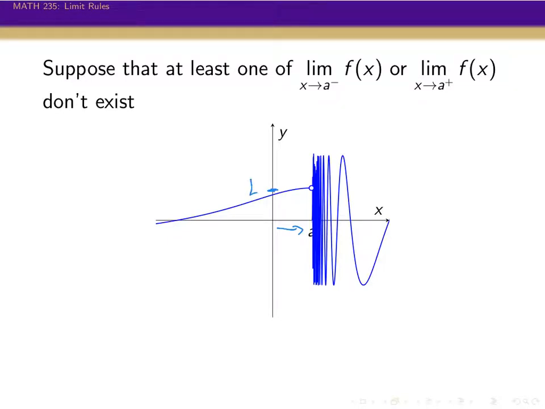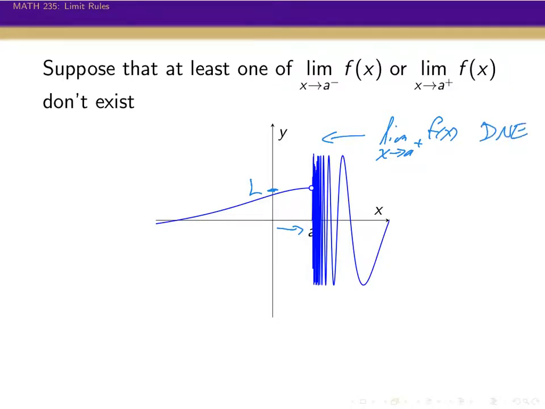We can call it L. But on the right, we have it oscillating wildly and not going to any value at all. So going to the right, the limit as x goes to a from the right does not exist.